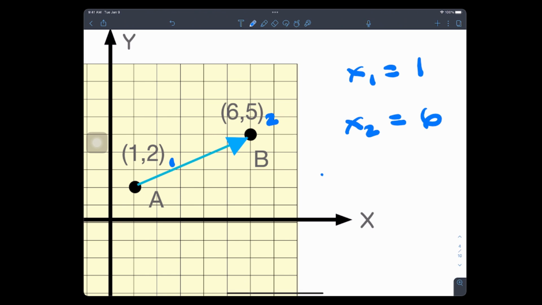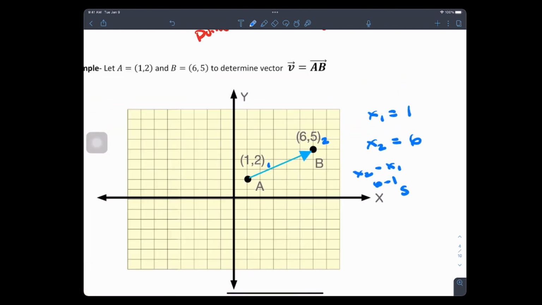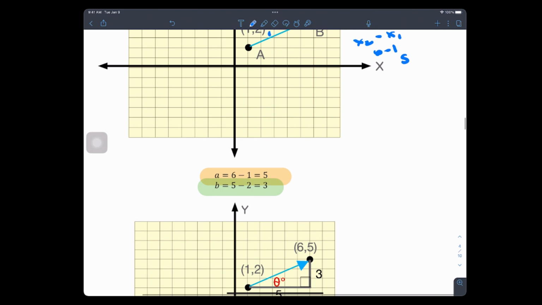So if we say, what's the difference between x2 and x1? Well, that's 6 minus 1, which is what? Which is 5. So this is why we say A is 5. So when we start to write this vector here, instead of the A value, right, we're going to say, oh, we know what you are. You are 5. We're going to need the B value now.